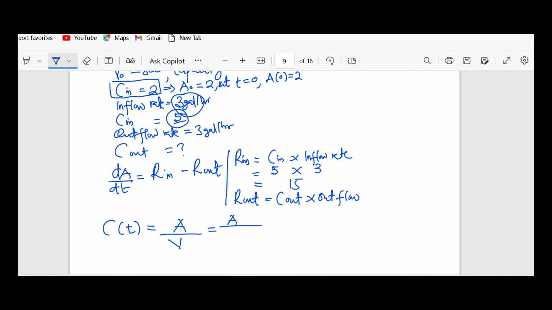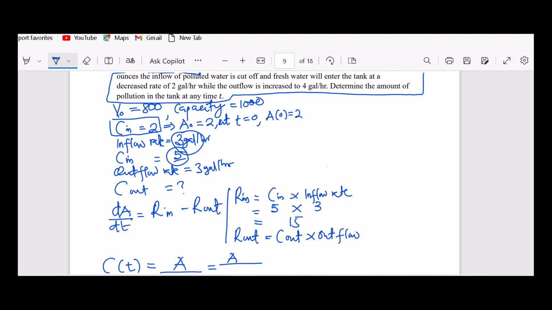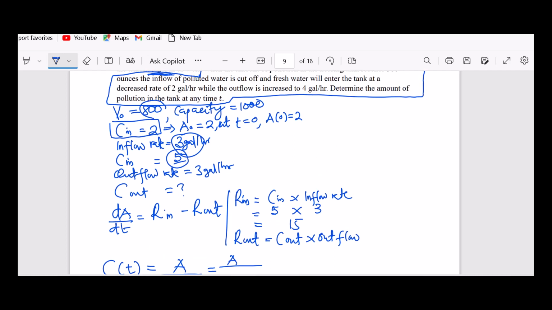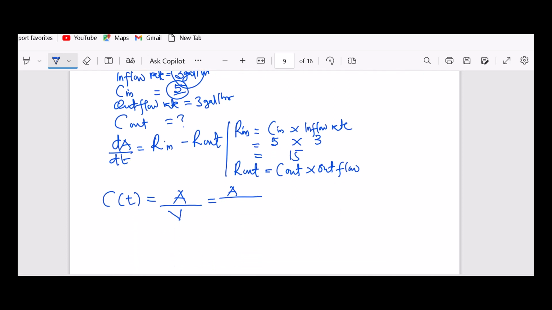If you realize, they said there was 800 initially. In fact, the volume is given by V0 plus the change in rate times t. Change in rate meaning the water entering and the water going out. The one entering minus the one going out is the change in the rate of the water times the time. So the initial volume is 800 plus the change in the rate.